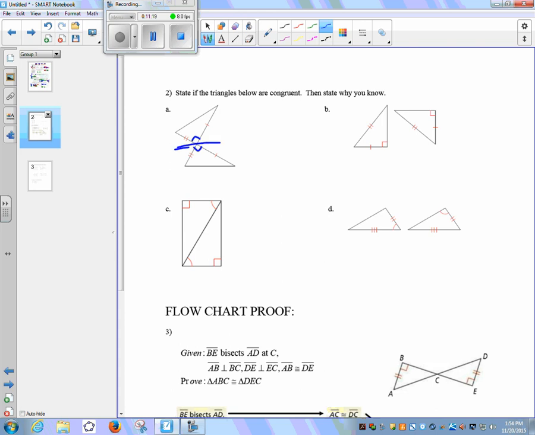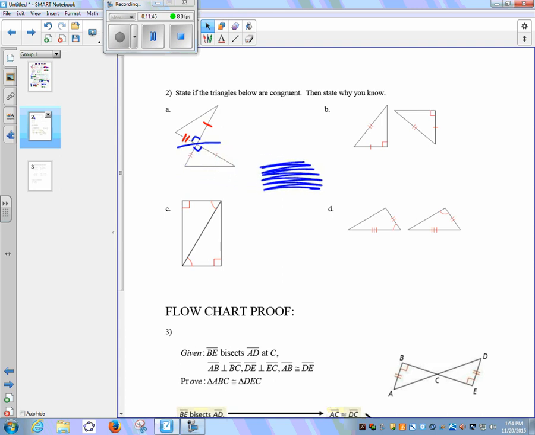I can't do that on the video, but let's just cover up one triangle like this. Once we have everything marked, look at what we have. Do we have a hypotenuse? No, we don't have a hypotenuse. We have two legs. So, is this HL? Nope.